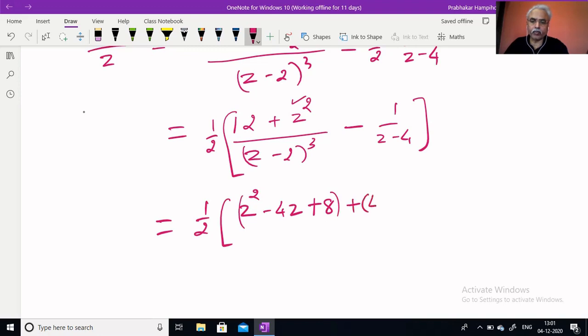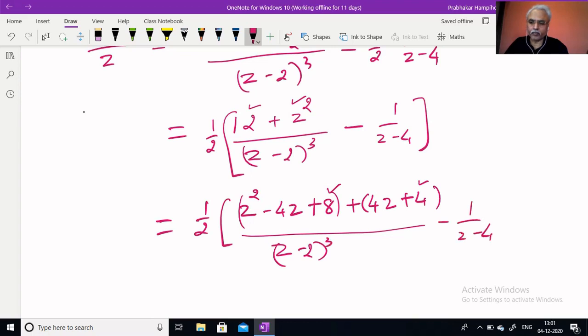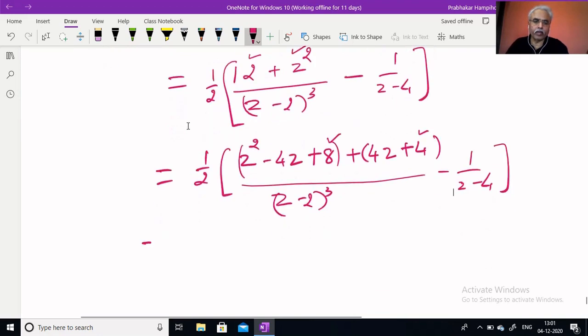Minus 4z should be plus 4z, and 8 plus 4 is 12 compensated. Whole divided by z minus 2 whole cube, and second term as it is. That's why I told this example is little different from previous example. Little practice. So first term bracket has become z minus 2 whole square.